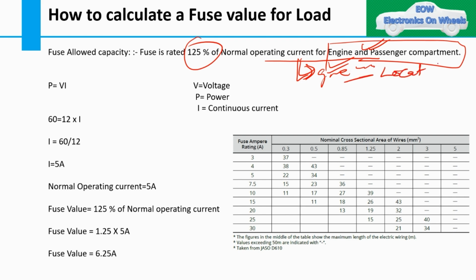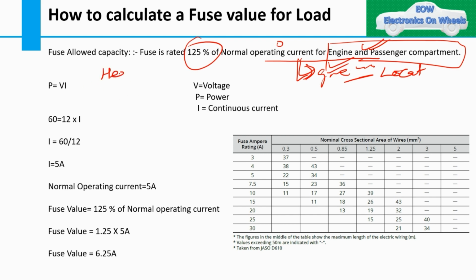So 125% of normal operating current. However, some of the OEMs use 135 or 150 also, but we will stick to 125. This is a standard which is 99% used across the OEMs. So we will see what it means. Fuse is rated 125% of normal operating current.